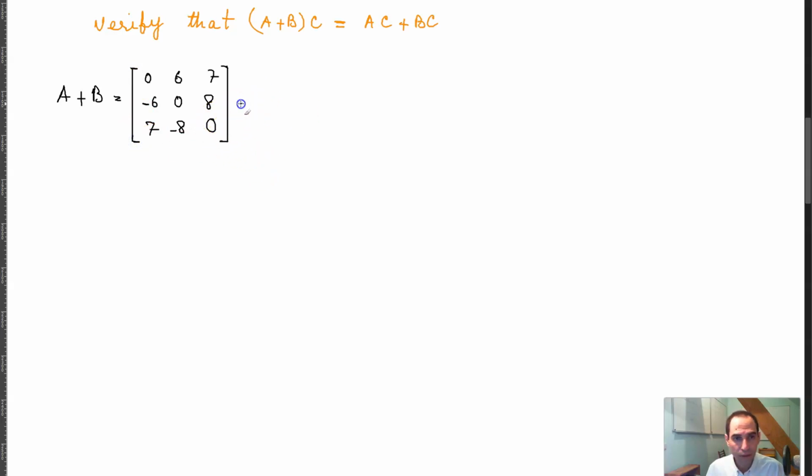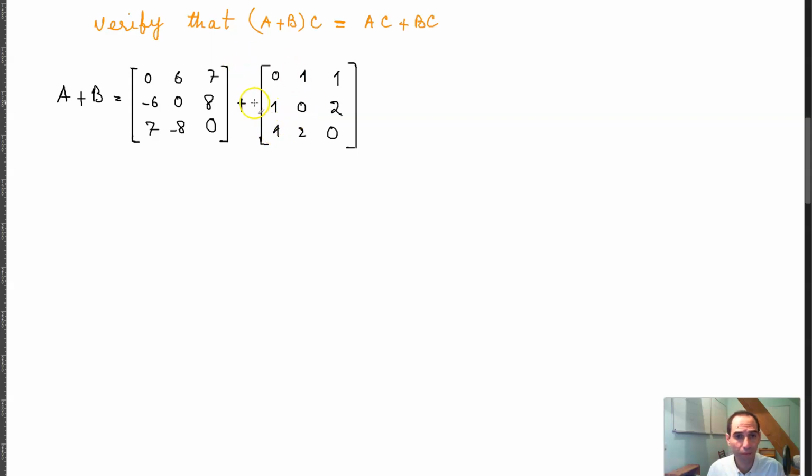And B is this matrix, again a 3 by 3 matrix: 0, 1, 1, then 1, 0, 2, then 1, 2, 0. So that's A plus B.